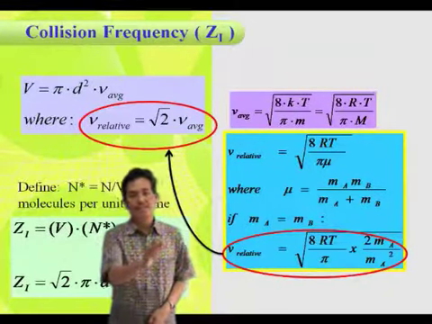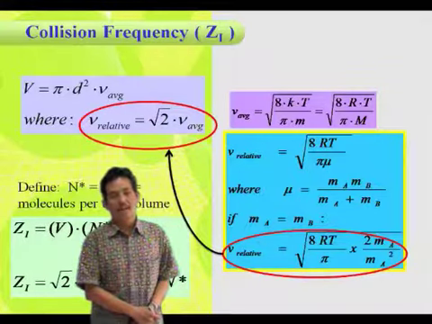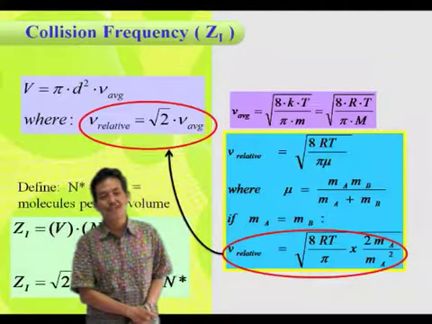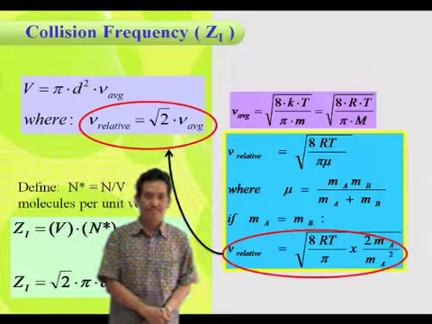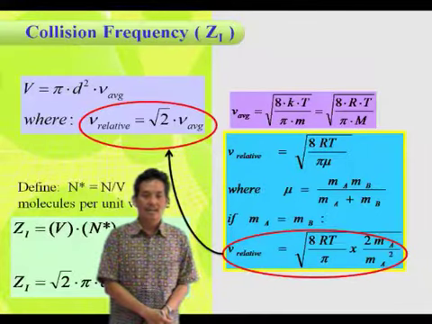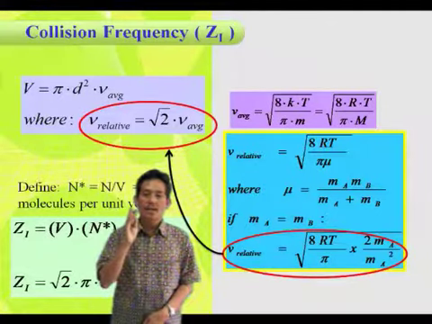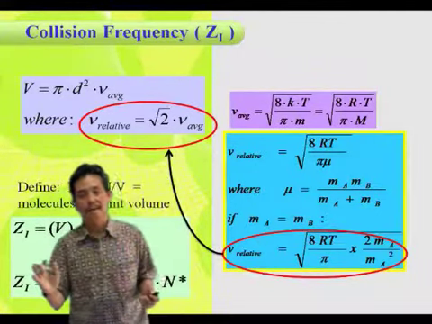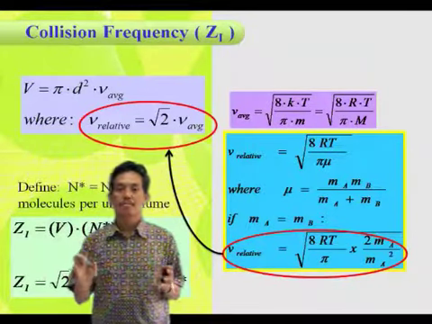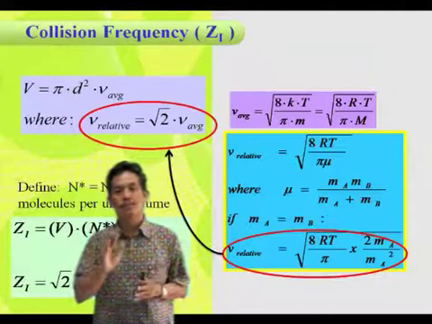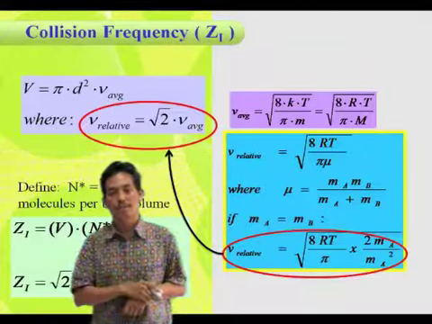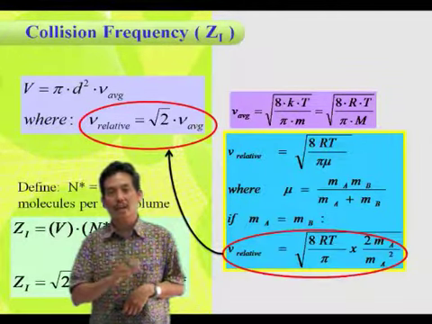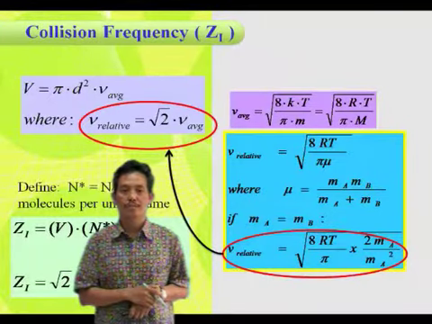And how do you get the root of 2? I can show you later. As I mentioned earlier, we assume only one molecule moves and the others just stay, don't move. But you know exactly that all the molecules move.